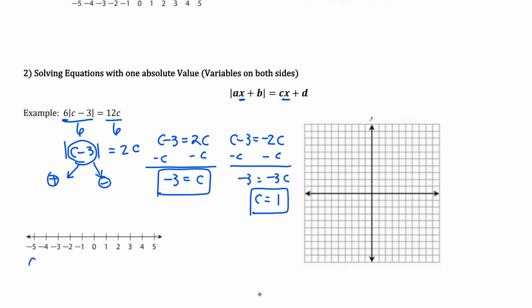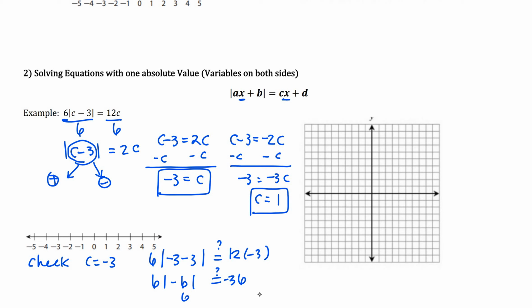So I like to do a check. When c is negative 3, that means 6 times negative 3 minus 3 has to equal 12 times negative 3. So 6 times negative 6 has to equal negative 36.